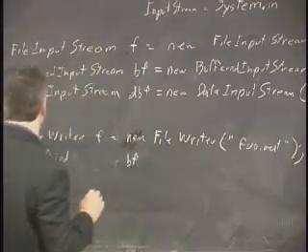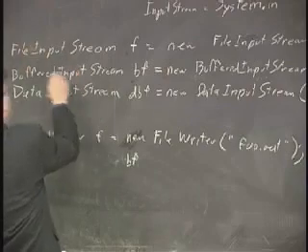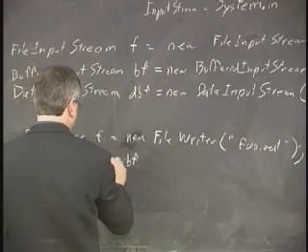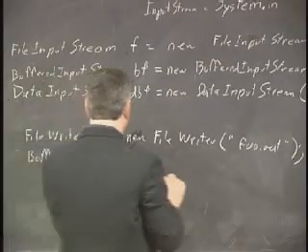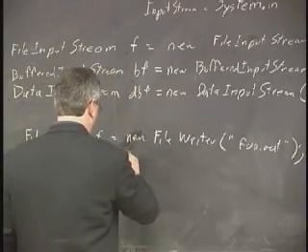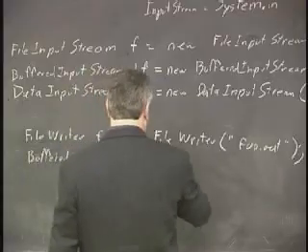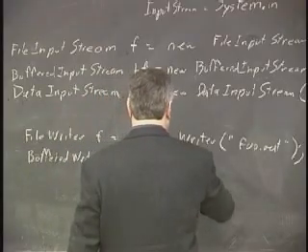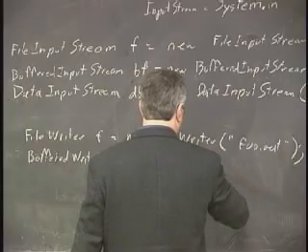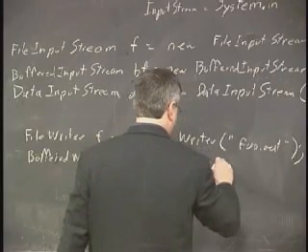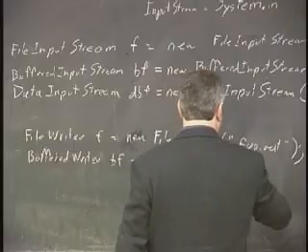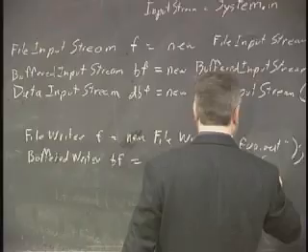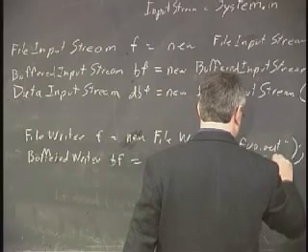Once you've determined here that it's a file, these guys don't care that it is a file. bf equals new BufferedWriter of f.